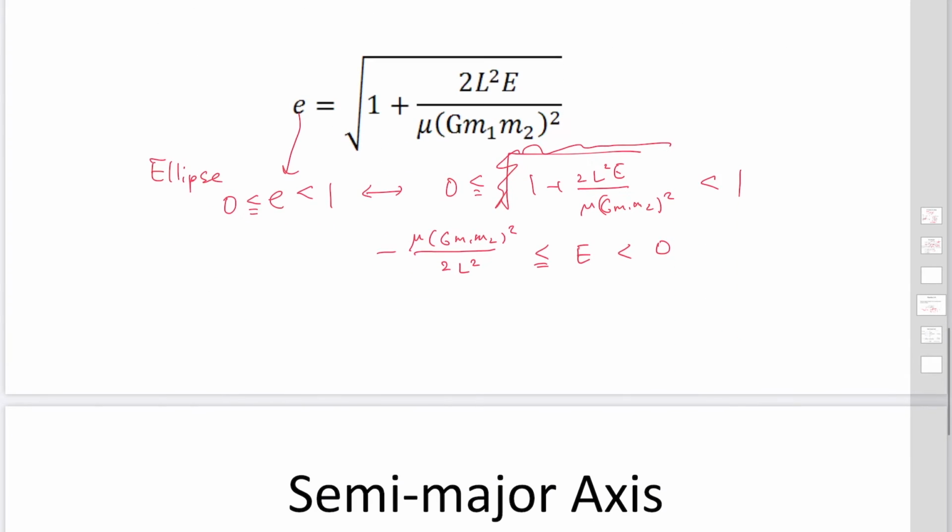Okay, so E has to be smaller than 0. When E is minus mu G m sub 1 m sub 2 squared over 2L squared, in this situation the eccentricity becomes 0. We consider it to be the circular orbit.